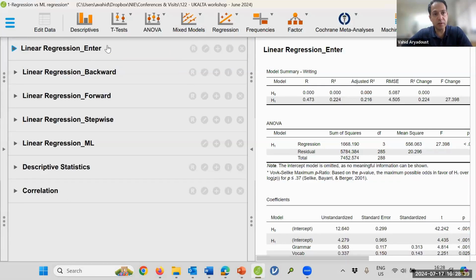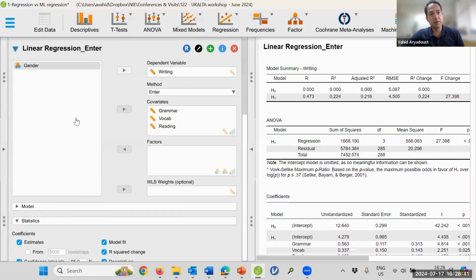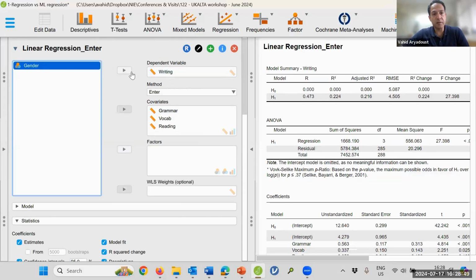Let's go back to enter, everyone. Okay, so these variables were all on this side. I moved writing just by clicking on it and clicking on this arrow to the dependent variable. This is also known as the output.